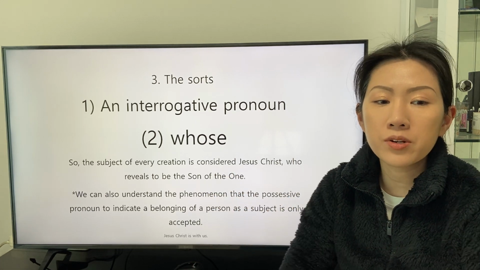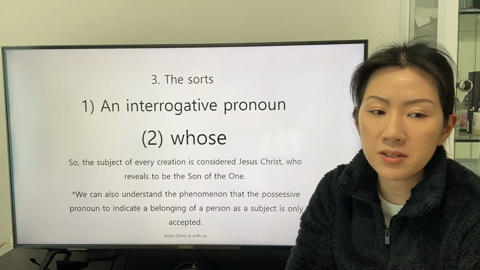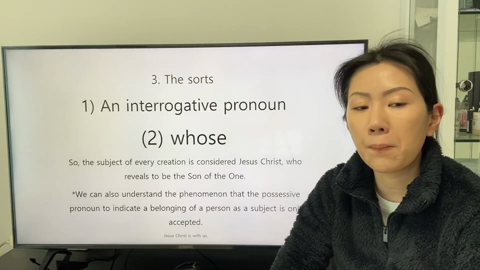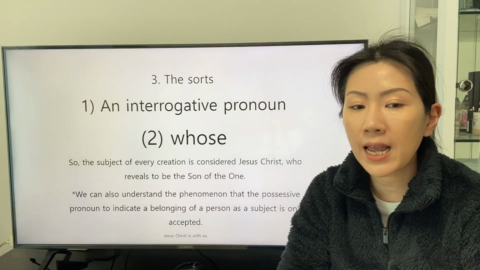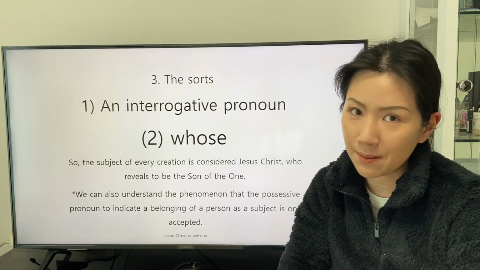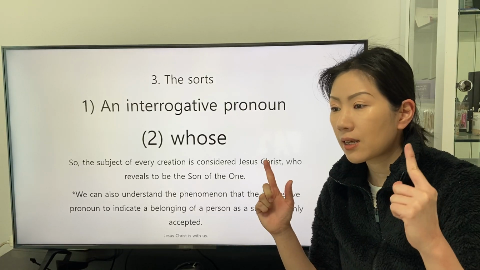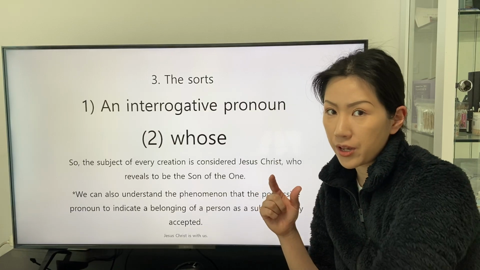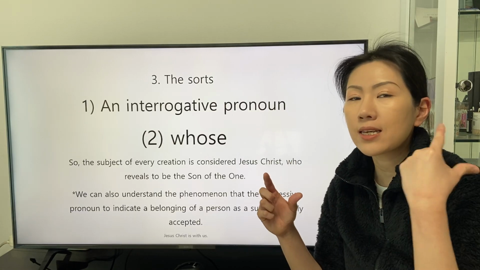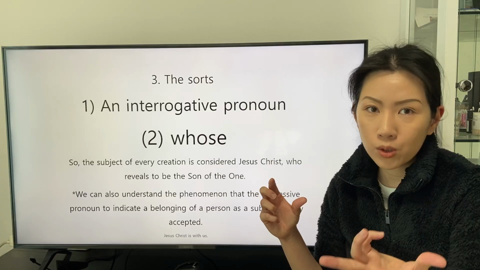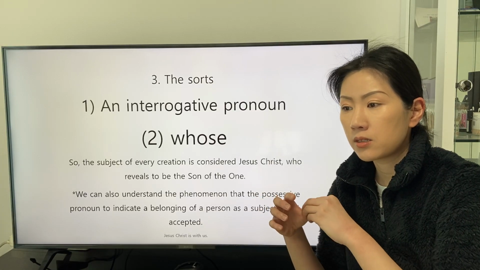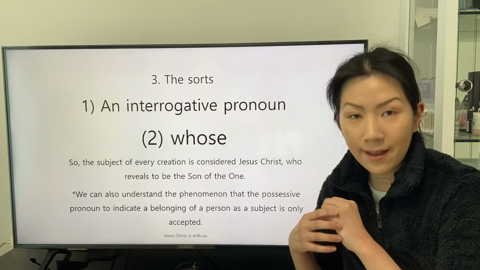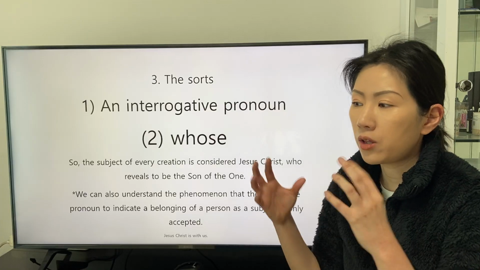We can also understand the phenomenon that the possessive pronoun to indicate a belonging of a person as a subject is only accepted. A thing does not have the other thing. Only a person can hold and have a thing.